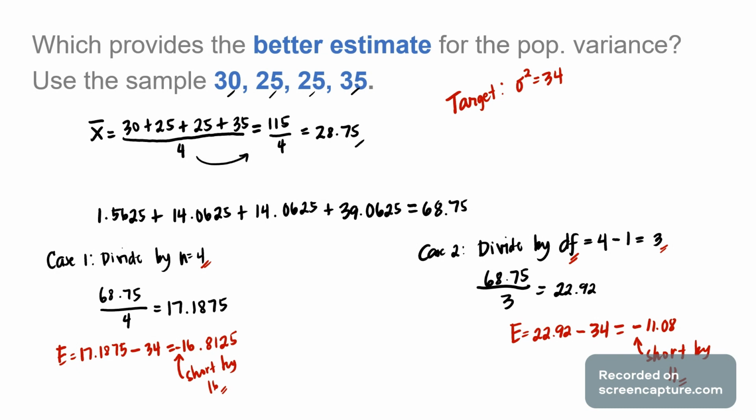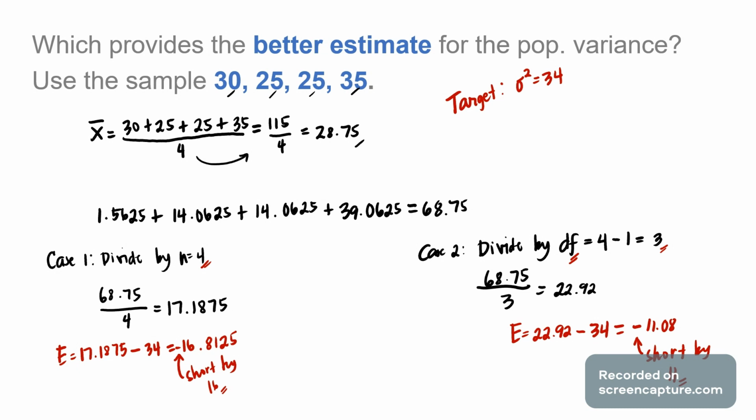So, yeah, I guess this is a good example why dividing by degrees of freedom provides a much better estimate than when we divide by n. We have a much lower shortage of the amount compared to when we divide by n. This, I think, is a good example to show that dividing by n minus 1 really is better than dividing by n.